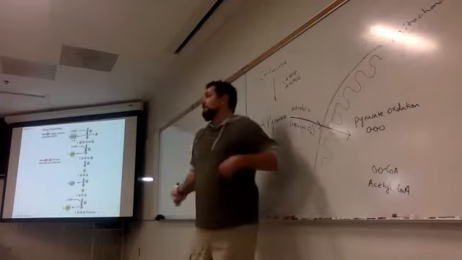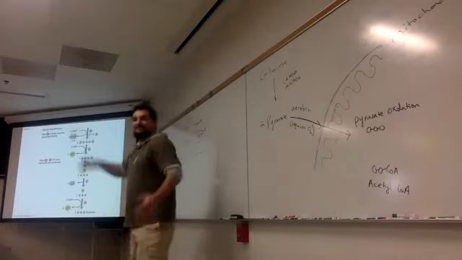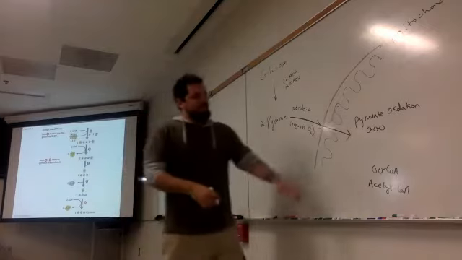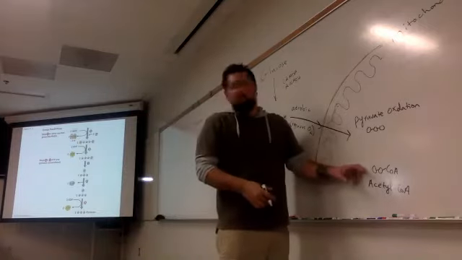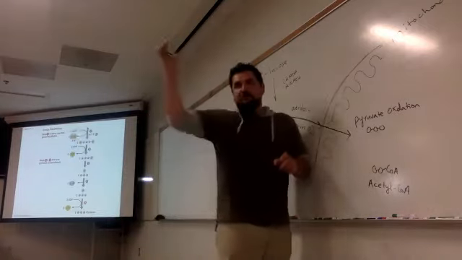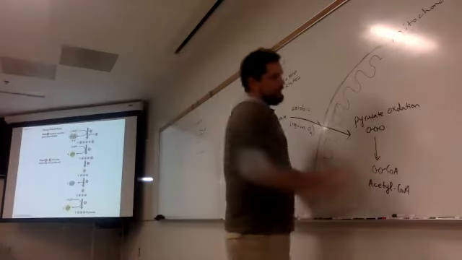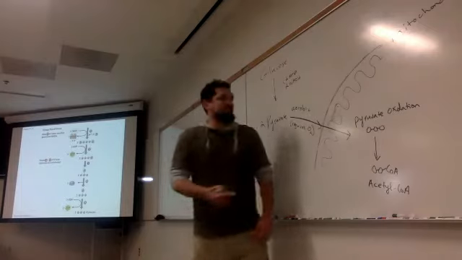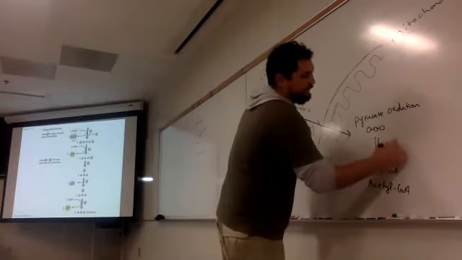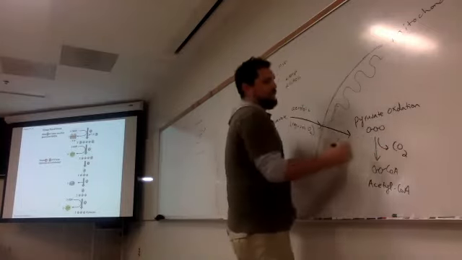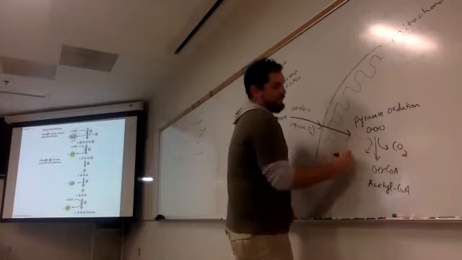And I showed you guys what CoA looks like, right? It's just a little acetyl group with this giant CoA thing on it. But during that process, it loses a carbon. So that carbon is lost as CO2. And it also gains an NADH, right?